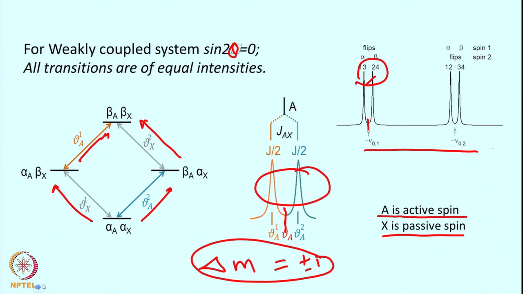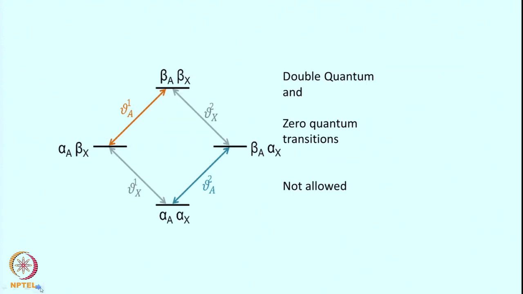Now this is not the only transition that is possible, there are some other transitions that are possible. So one of these transitions can be something like this. Now what is this transition? Actually both spin A and X are going from the alpha alpha state to the beta beta state.